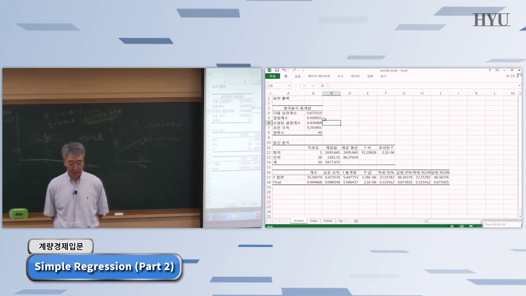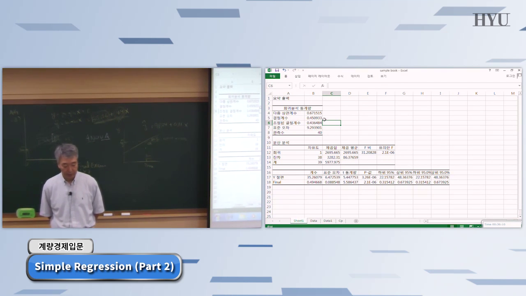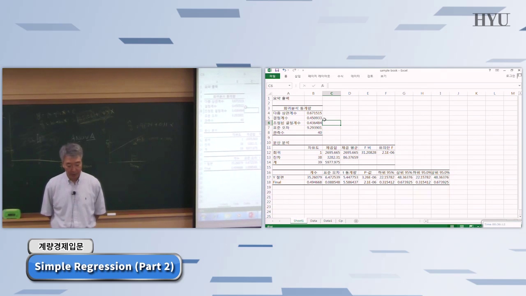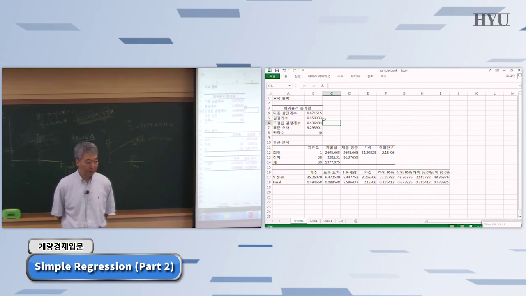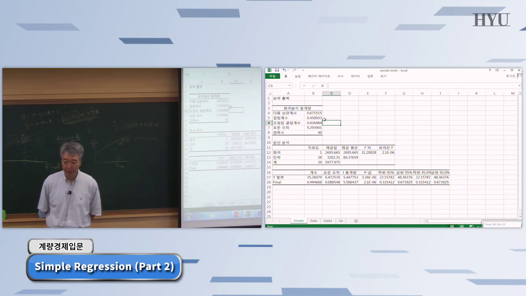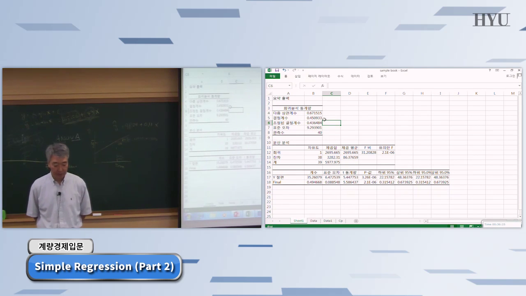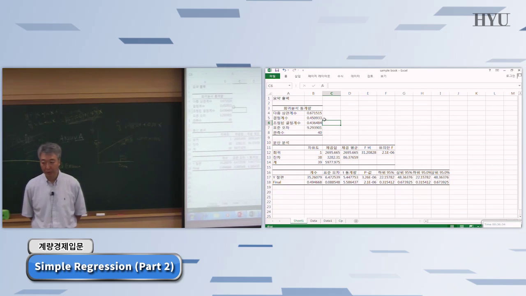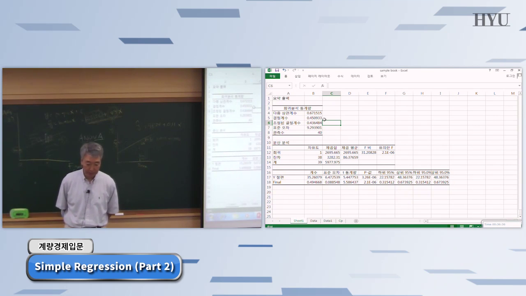So obviously it's a positive correlation. You can say relatively strong, because it's greater than 0.5, but not really strong like 0.9 or 0.8. It's 0.67, so you can say there is a relatively strong positive correlation. But I'm asking for R square of 0.45.